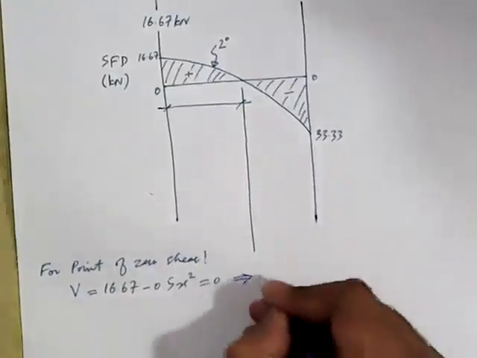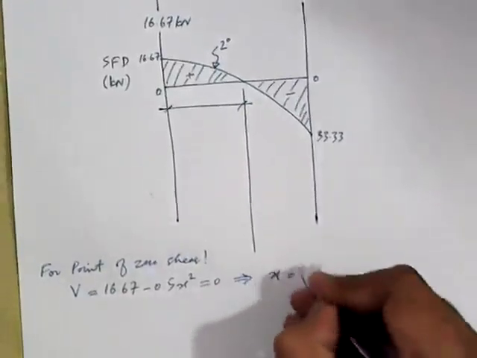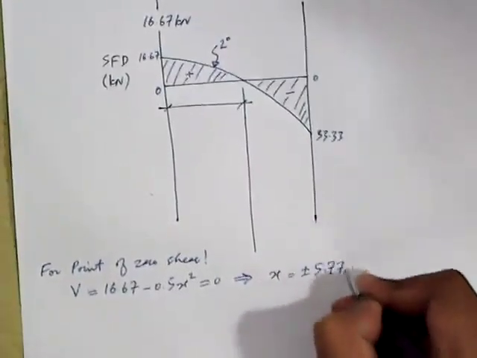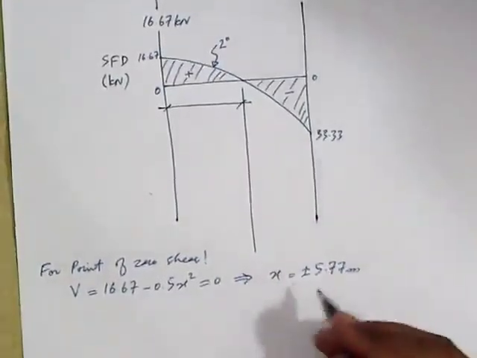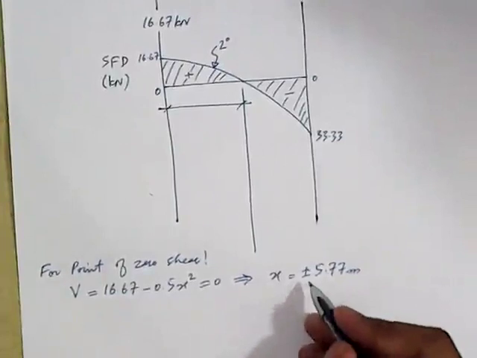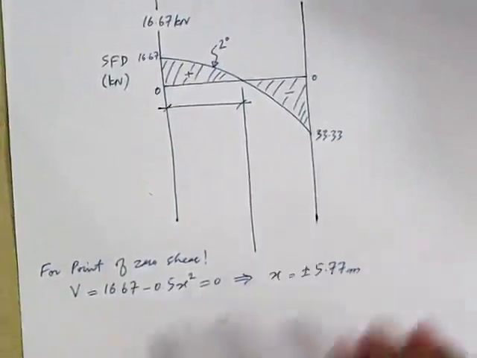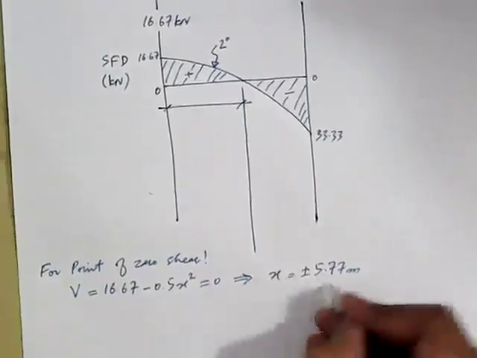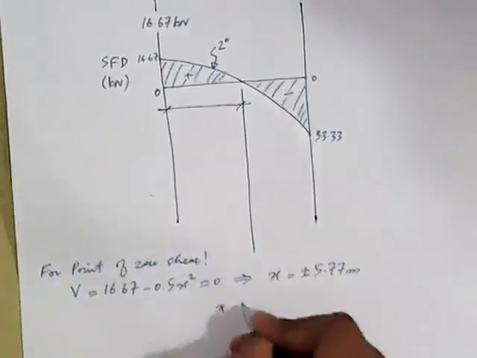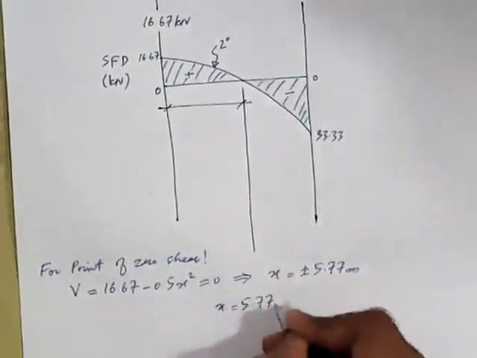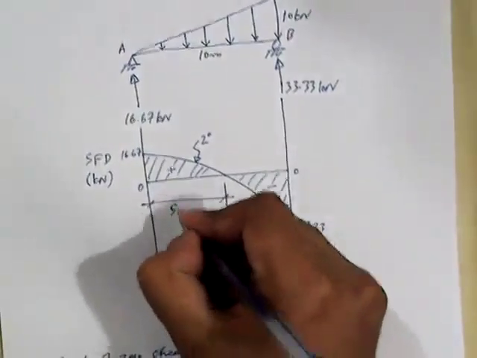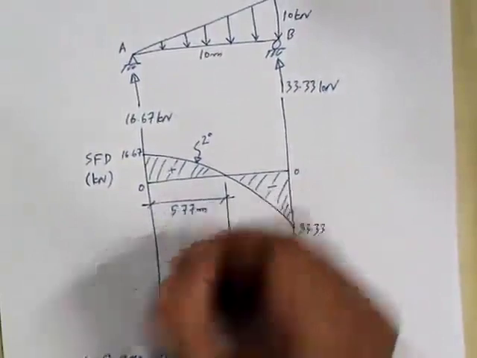This equation will give you x equal to plus minus 5.77 meters. Now, the minus value of x is illogical in this case, so we will just consider the positive value. So x is equal to 5.77 meters. It means this distance is 5.77 meters.